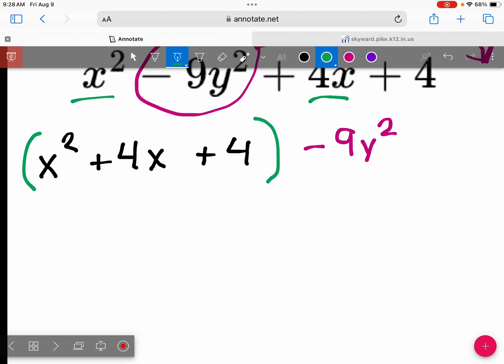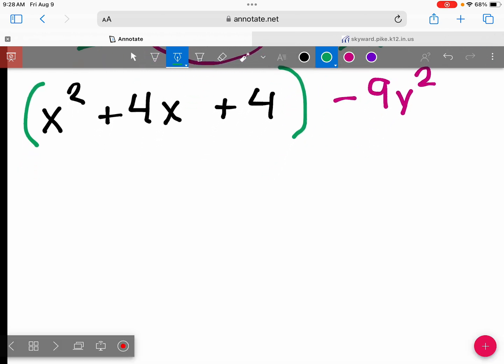So we're going to group our x's together with the 4 because we need to hopefully start noticing these patterns. This is actually a perfect square. Let's factor it to confirm. So we're going to factor just these pieces I wrote in black. We got our a times c being 4, our b being 4.